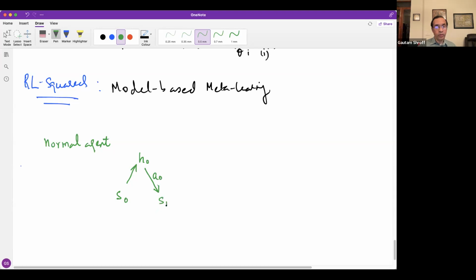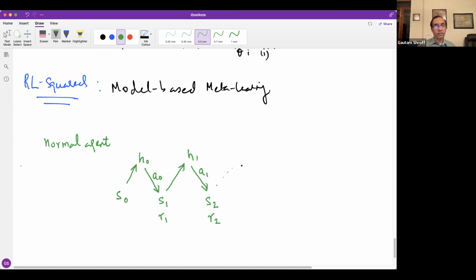It moves to state 1. Some reward is achieved in state 1. The neural network reads state 1 and produces a hidden state, takes action A2, and produces a reward R2. And so on and so on.